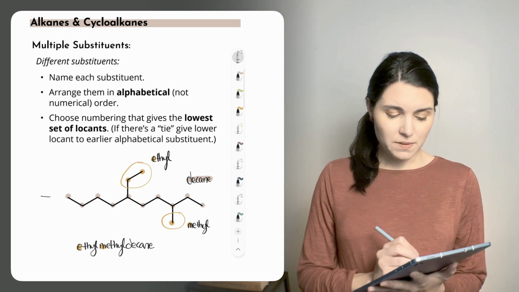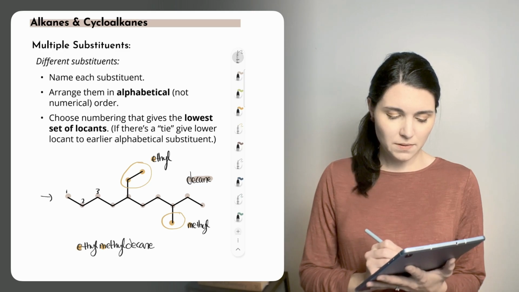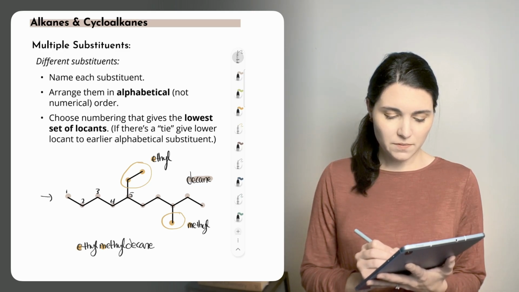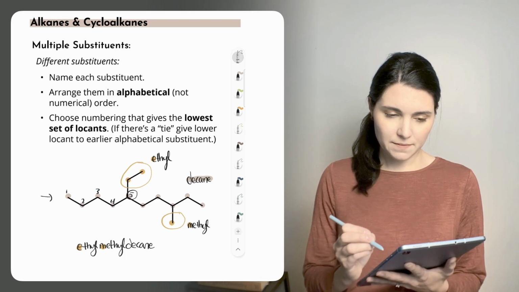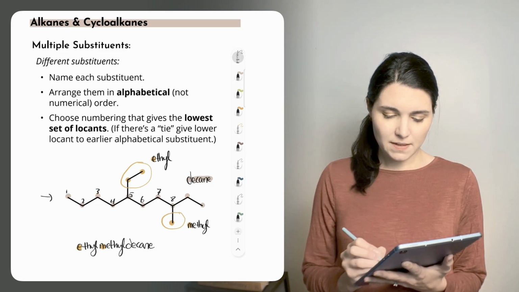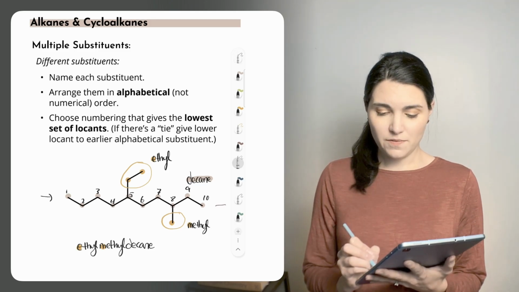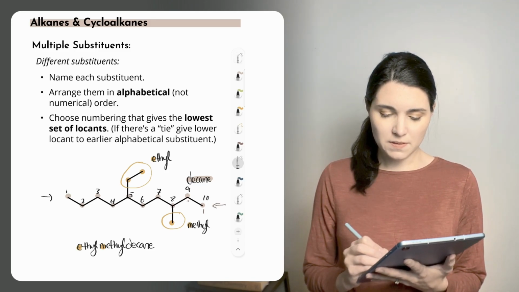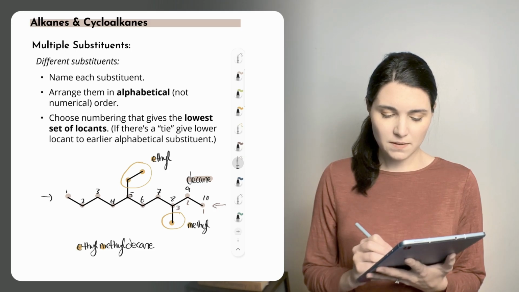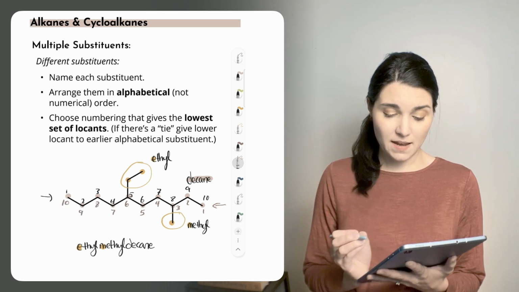All right, and then finally, we are going to look for locants again. So I'll number here from left to right. 1, 2, 3, 4, 5, 6, 7, 8, 9, and 10. And then if I number from right to left, I get 1, 2, 3, 4, 5, 6, 7, 8, 9, and 10.